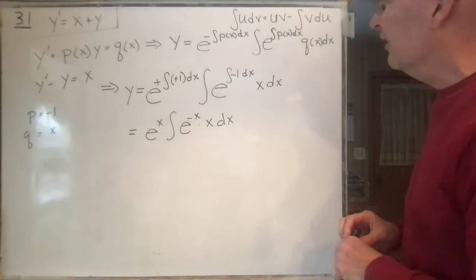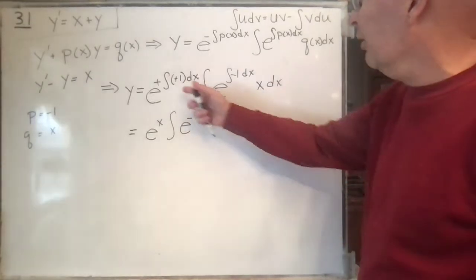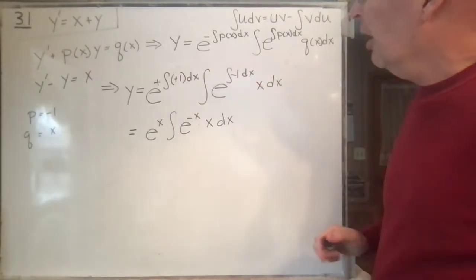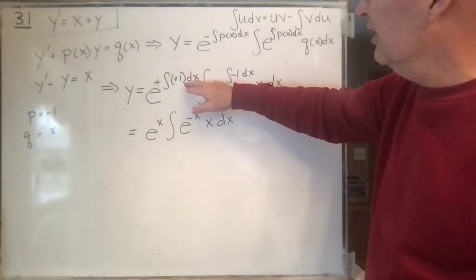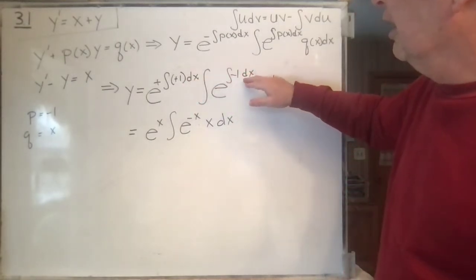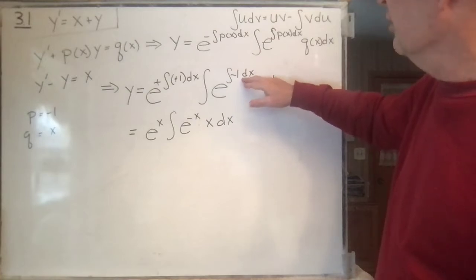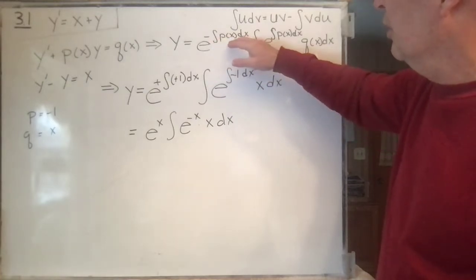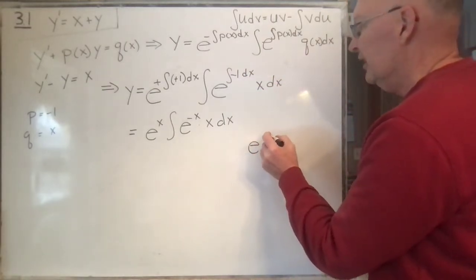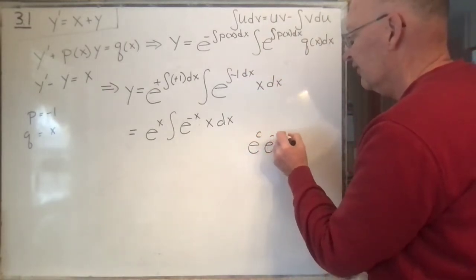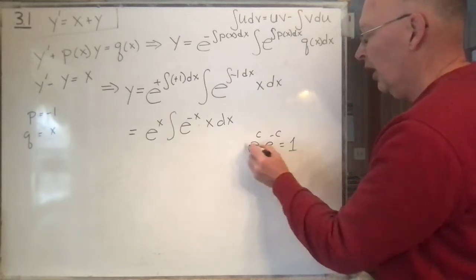Okay, now one thing that you might wonder about is, what about our constant of integration? Whatever the constant of integration is here, it also ended up being here, but one of them would be positive and one would be negative. So by the time you have an e to the c and an e to the -c, that all ends up just being 1.